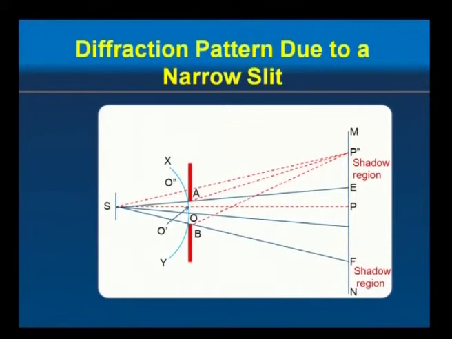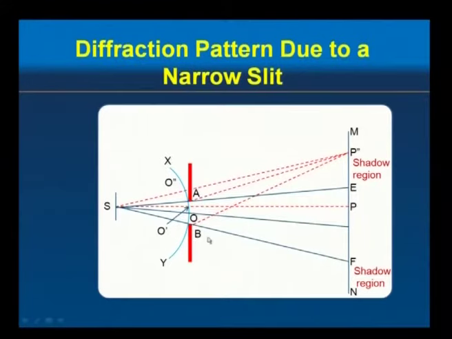And here, in order to explain the intensity variation, what Fresnel brought into the picture is splitting the wavefront. You have a cylindrical wavefront or a spherical wavefront. When you take a portion of the wavefront, it will be a plane wavefront, and so here also a portion of the wavefront will be a plane wavefront.